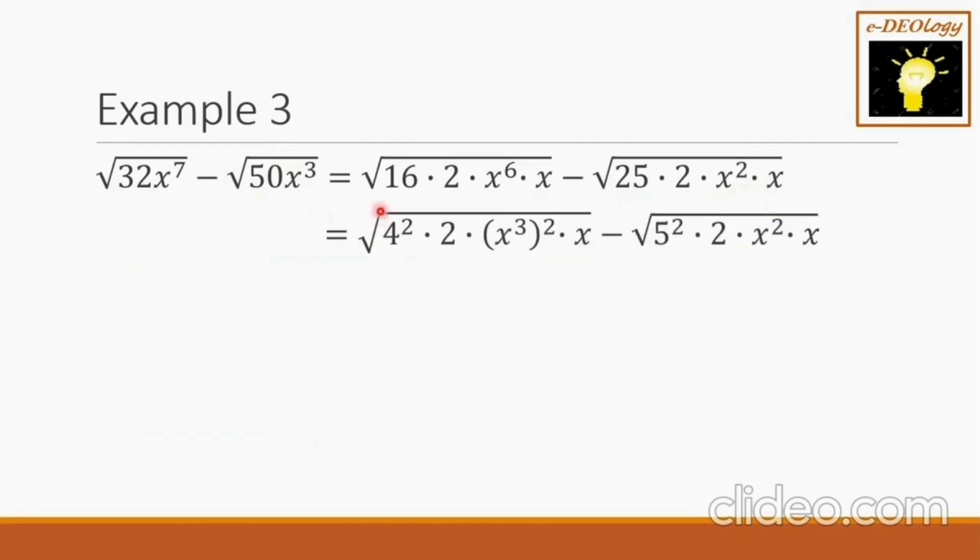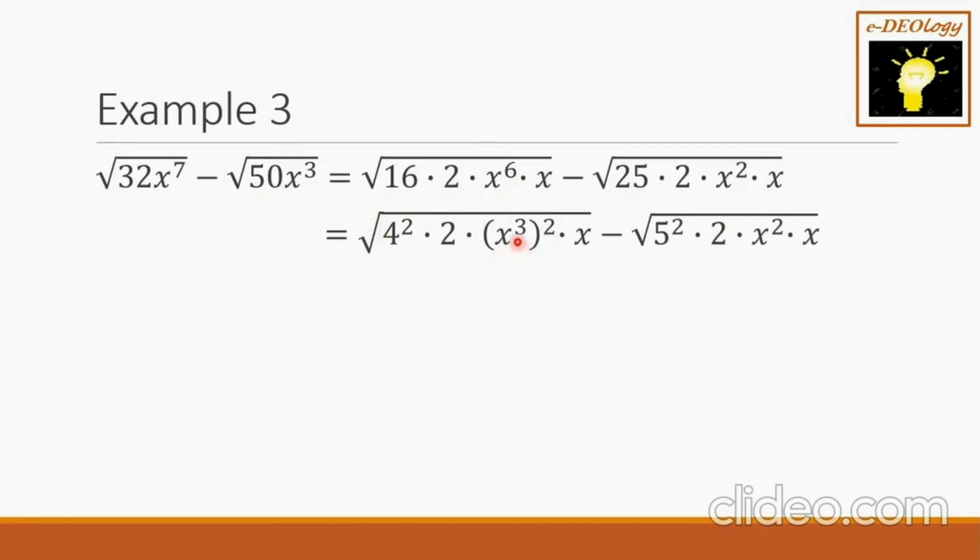And then we're going to show that this 16 is the same with 4 square. Then I copy the 2 here. For the x raised to 6, I'm going to represent this to be a value with power 2 because our index here is 2, but the value inside here must be x cubed.